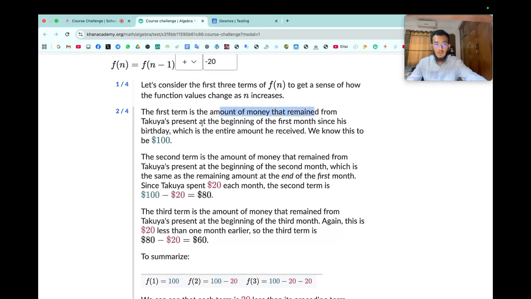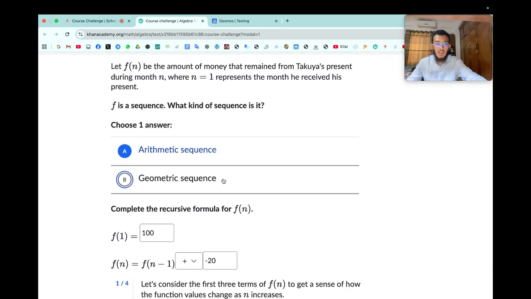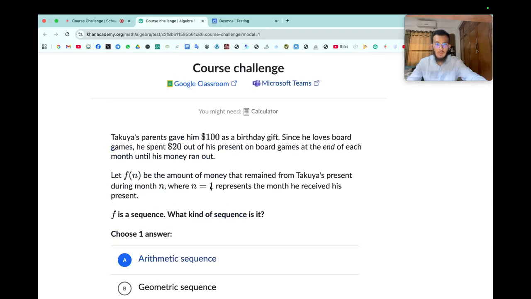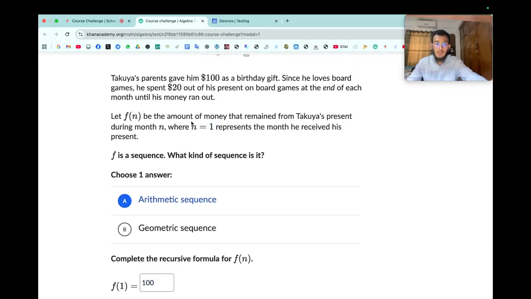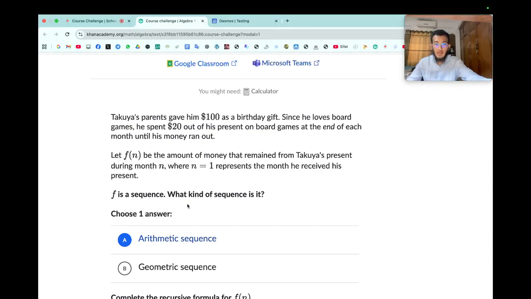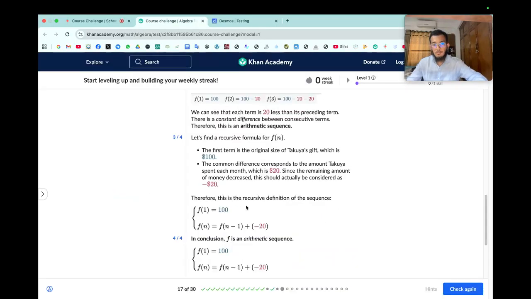The first term is the amount of money that remained at the beginning of the first month since his birthday. We know that this is 100. So the formula is giving the beginning of the month. If you calculate the end of the month, then the first term would be 80. But because you're calculating the amount of money available at the beginning of the month, it's 100, and everything is the same.